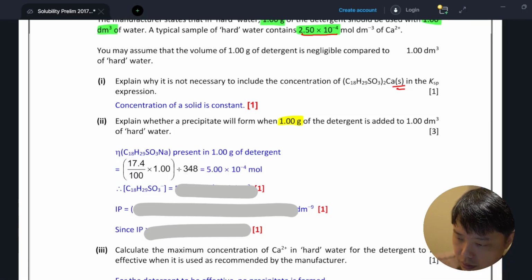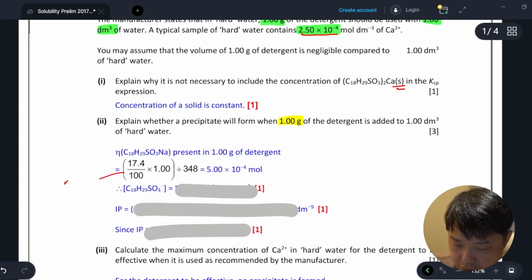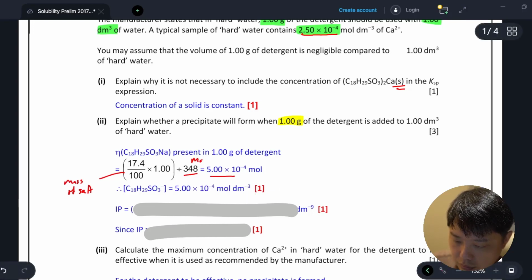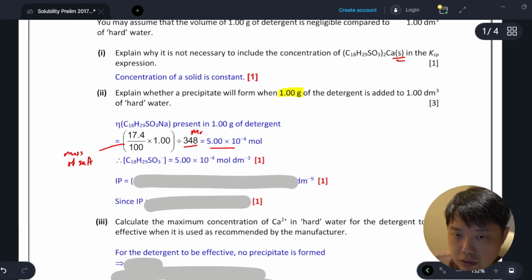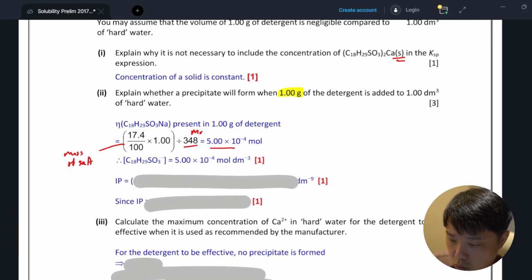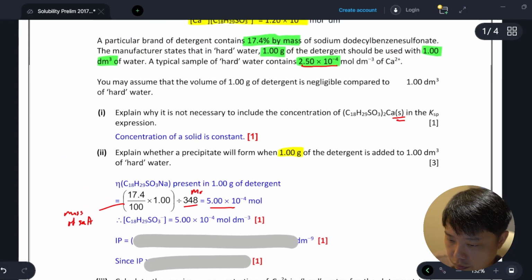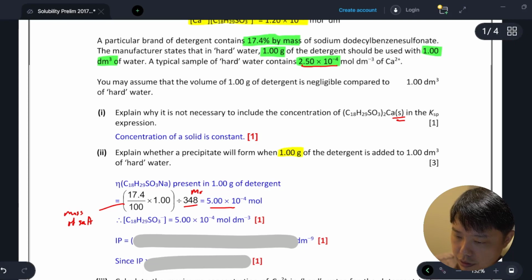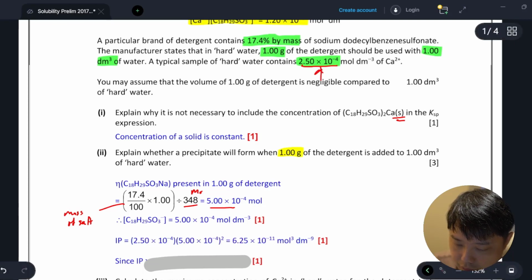This early part is to get the mass of salt. Once you got the mass, you divide by Mr, and you get the number of moles of the salt in 1 gram. We know the concentration of calcium in hot water that's given by the question at the start, so we already have the anion and the cation.